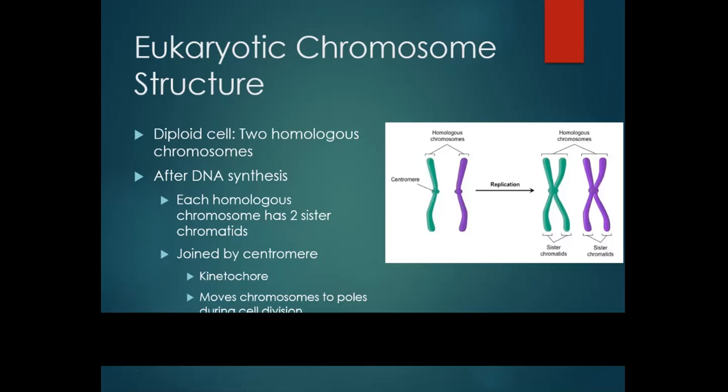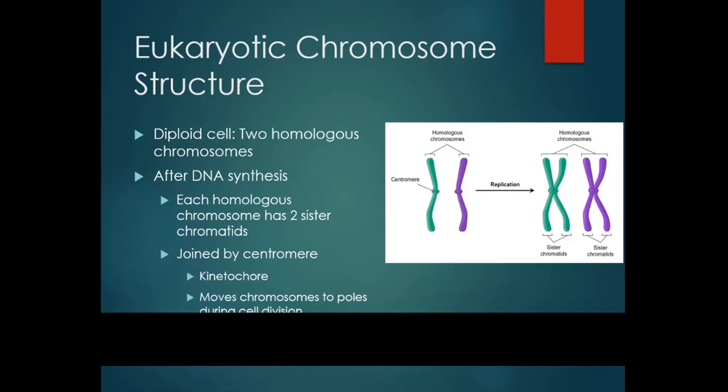A diploid cell basically has two homologous chromosomes. Each chromosome has two alleles for every gene. So diploid cell, basically, you have one set of chromosomes from mom, one set of chromosomes from dad. They have exactly the same genes on them, but they may have different alleles. Okay, a diploid cell is also called a 2N cell. And if your 2N number equals 8, that means that you have 4 pairs of homologous chromosomes.